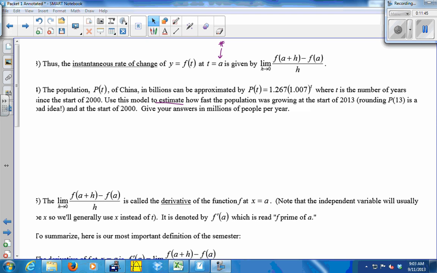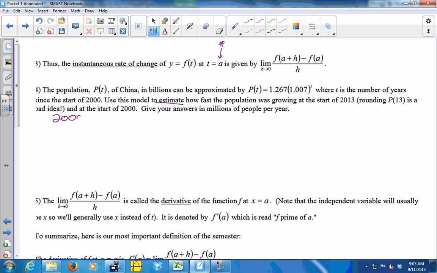All right, so let's discuss it together. We'll do 2000 first. And we'll do 2013 over here. Okay, so we're looking for an average velocity because we're trying to approximate or estimate how fast the population is growing. That is the rate of change of the population at the start of the year 2000.